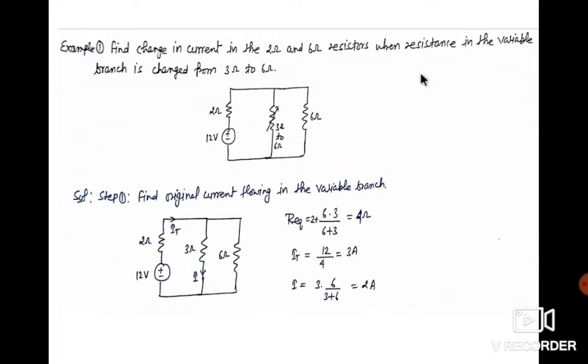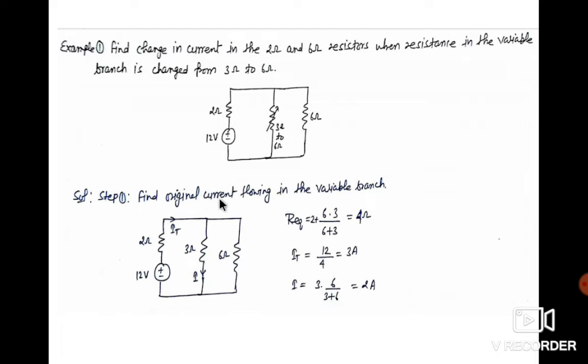So this is one network, and we have to find the change in the current in the 2 ohm and 6 ohm resistance when the variable branch resistance is changing from 3 to 6 ohm. That is the problem. Let's find the solution of this problem.